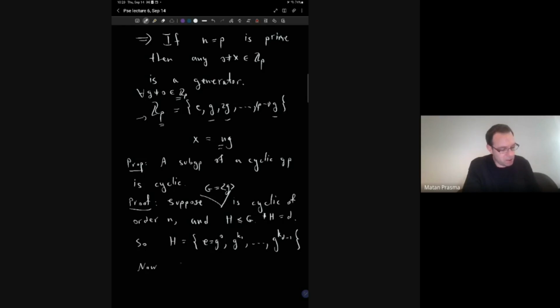So I just named the powers k1 up to kd minus 1. Now, d is the order of H, so it must divide n. So we can write n equals kd for some k.